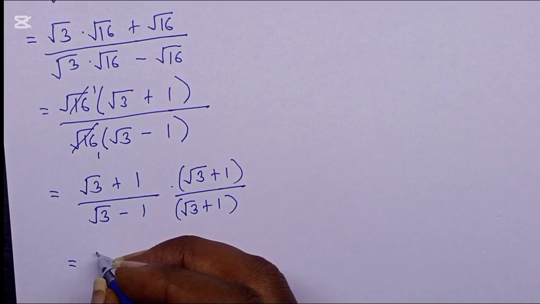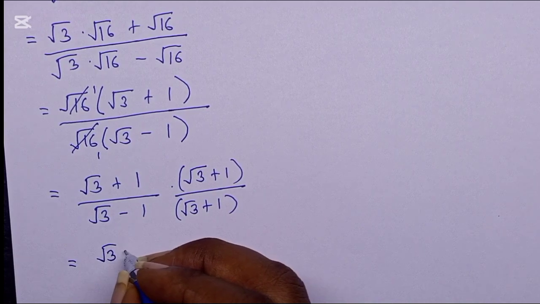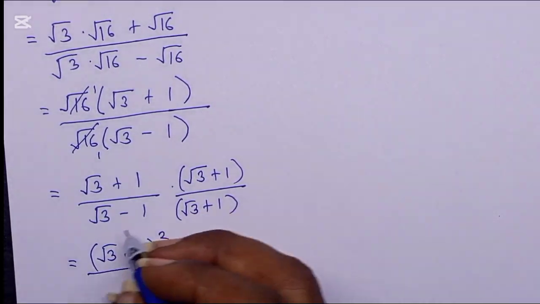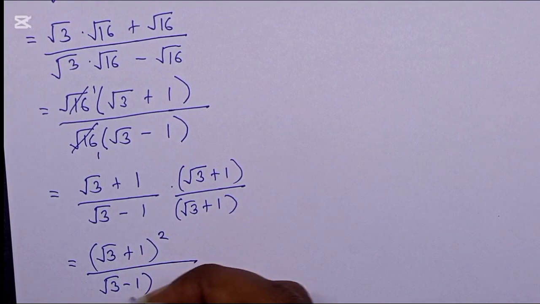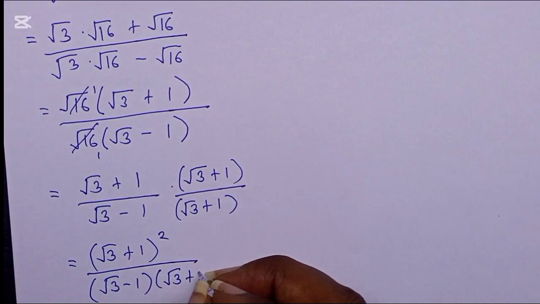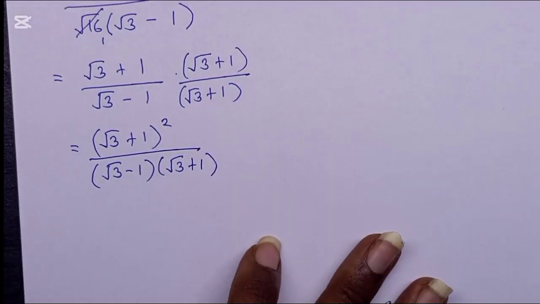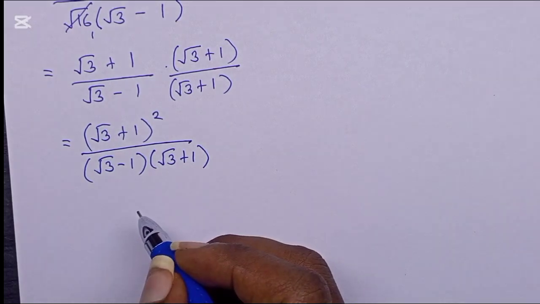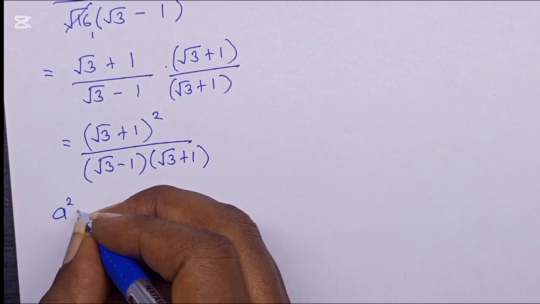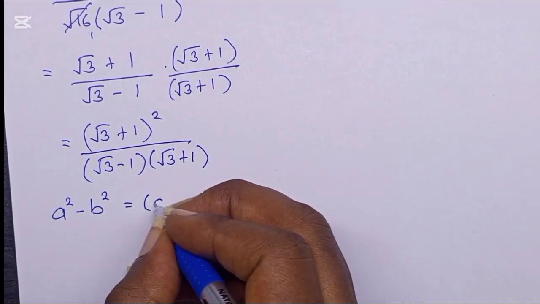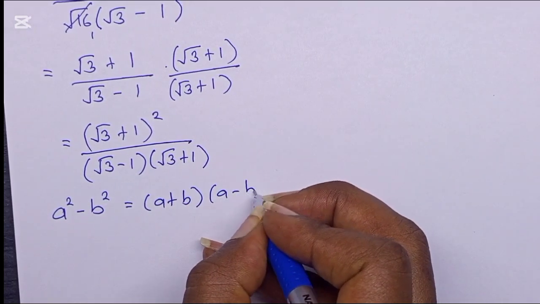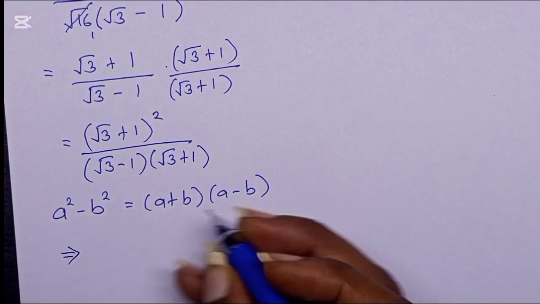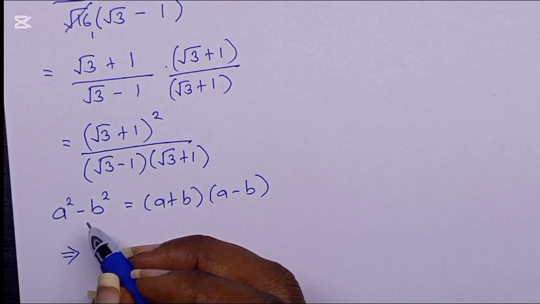So this will be equal to root of 3 plus 1, as you can see they are the same, so squared, over root of 3 minus 1 into root of 3 plus 1. Now the denominator is in the form of a difference of two squares, which is a squared minus b squared is equal to a plus b, a minus b.